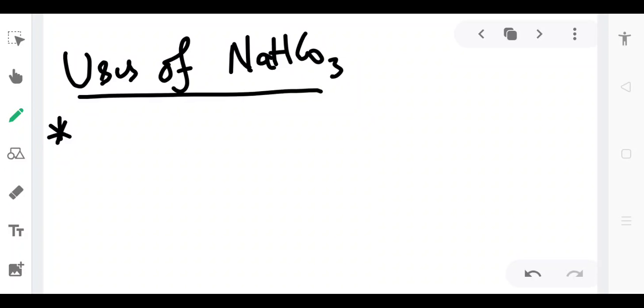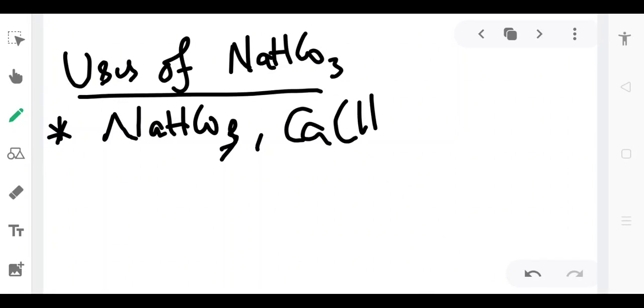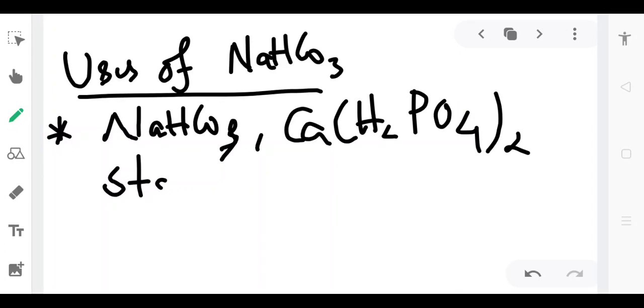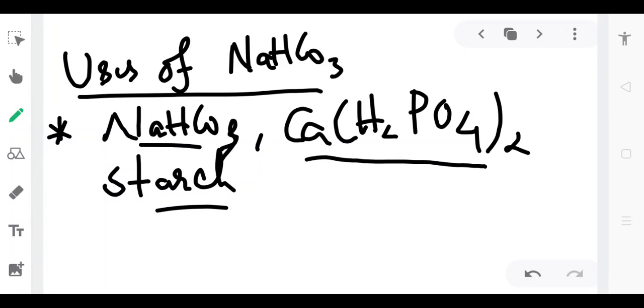Baking powder generally contains sodium hydrogen carbonate, calcium hydrogen phosphate and starch.